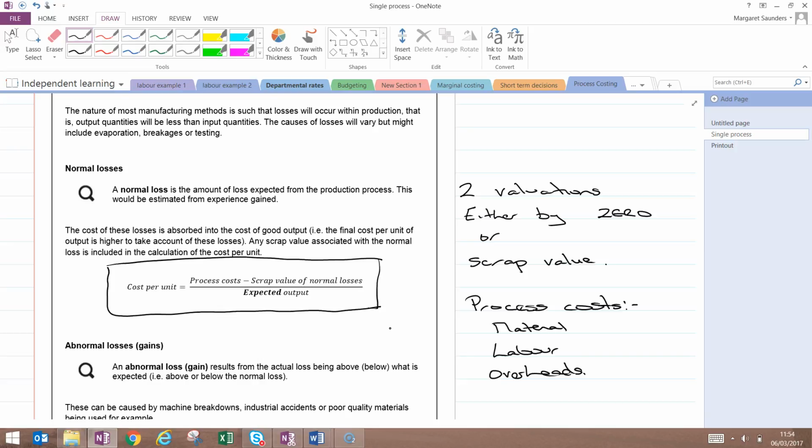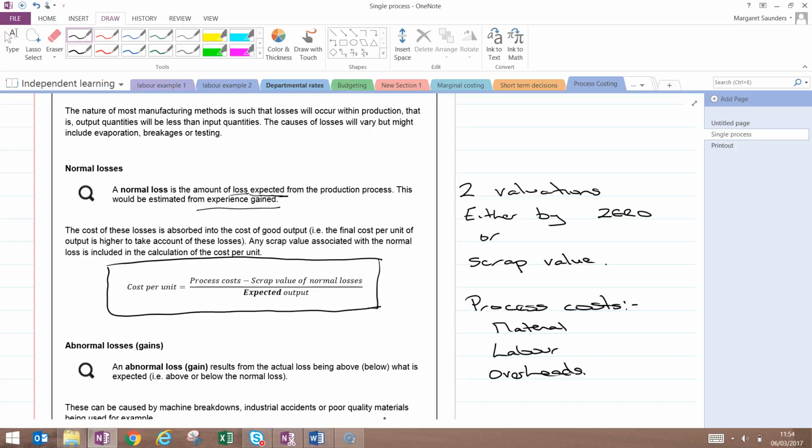Because remember, your normal loss is an expected loss. So you know from past experience that when you carry out this process, you will lose a certain amount of your input. This cost per unit formula you also use to value your abnormal loss.